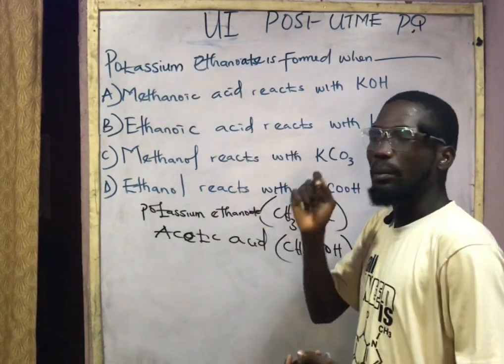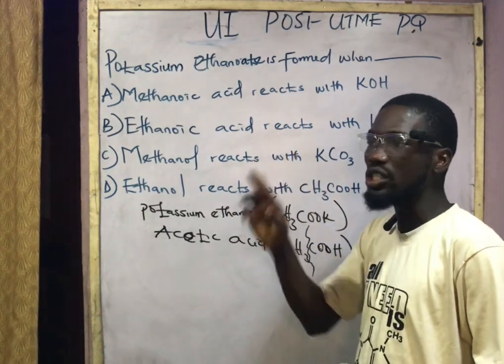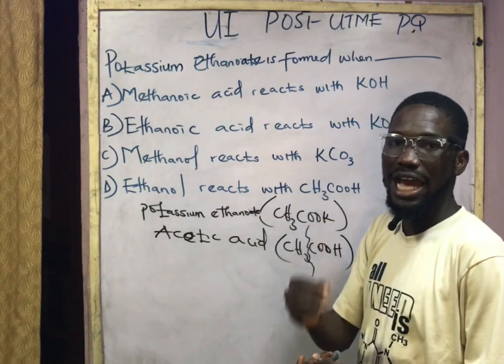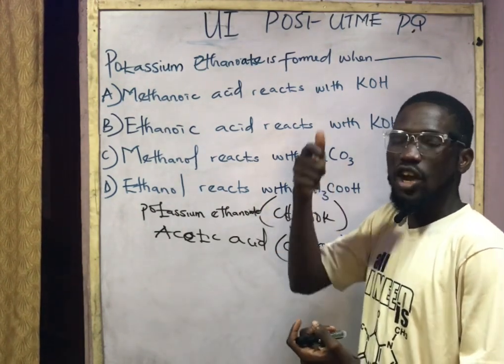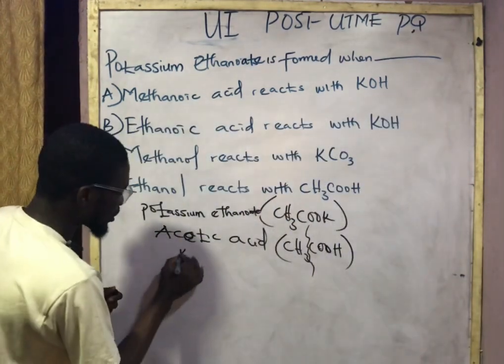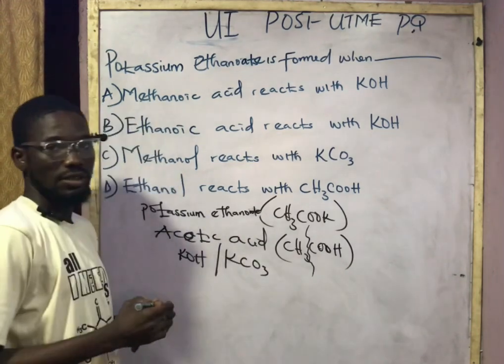That is why I said potassium-containing base. And the two bases you can easily use when we come across this kind of question are potassium hydroxide and potassium carbonate. Here, that is the base, while the acid is the acetic acid.